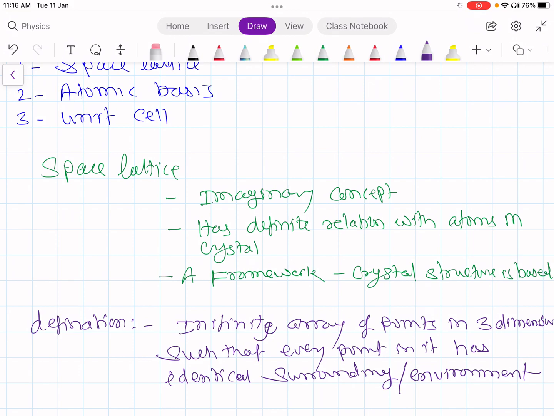So this is a condition. If you want to arrange the array of points, then you can arrange them in n number of ways. But there is a condition, and the condition is that each and every point should have identical surroundings. Then only we can call it a space lattice.